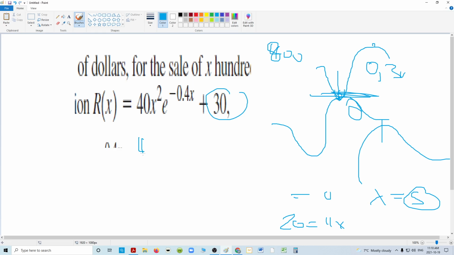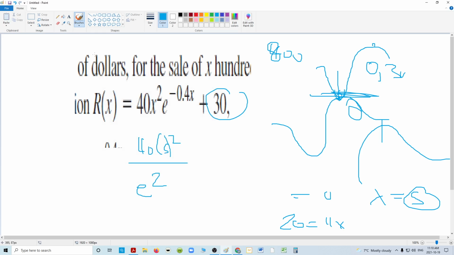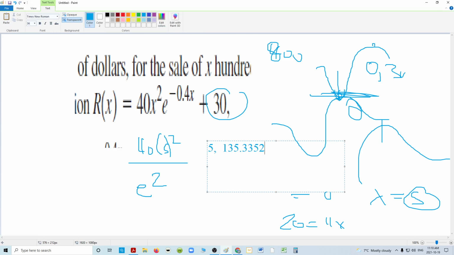So it's 40 times 5 squared divided by e to the 2. So that should be the y. So it should be 5, comma, that, and the other min point will be 0, comma, 0.